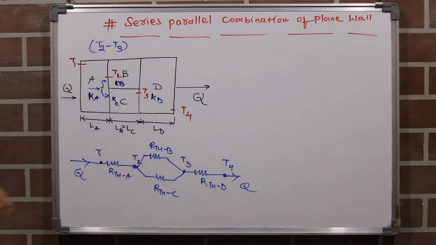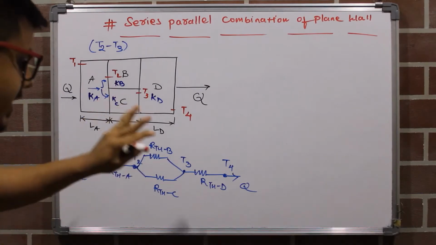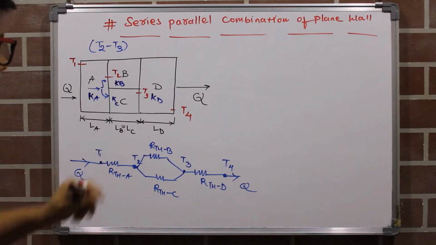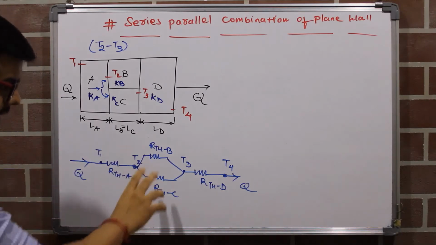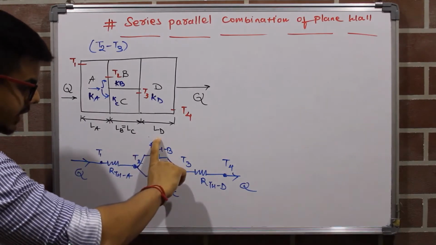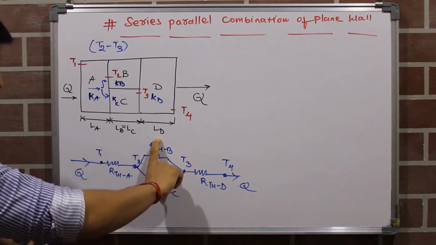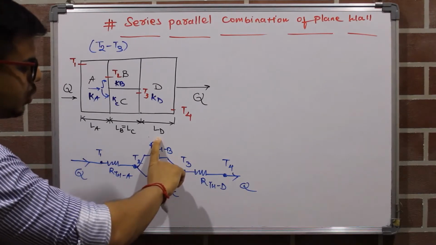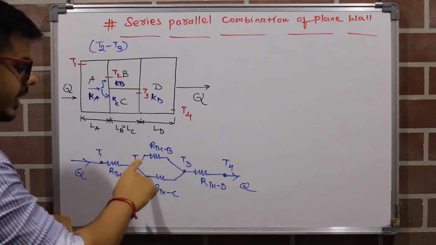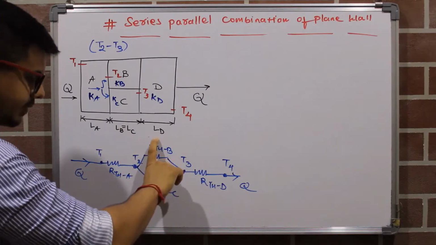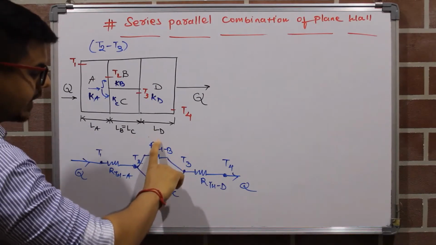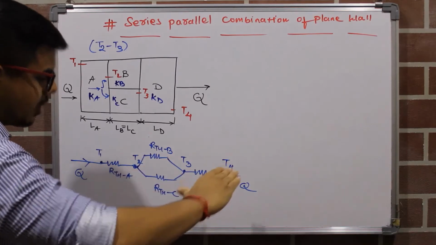Now you will think about how to solve this complex circuit. From my point of view, it is very simple. The idea is this: first we will find the equivalent resistance of these two parallel walls, and we will bring this parallel combination into a series combination.